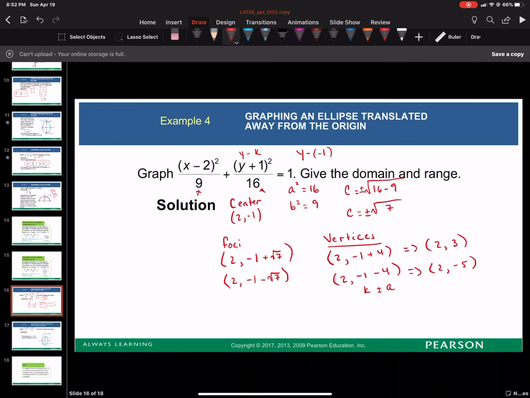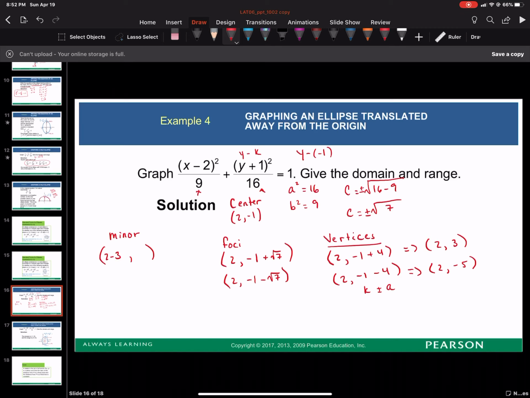You got to be smart with this. So, the same case. It'll be your h, which is 2, minus your b, which is 3.